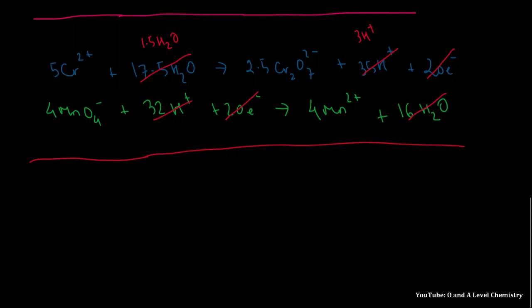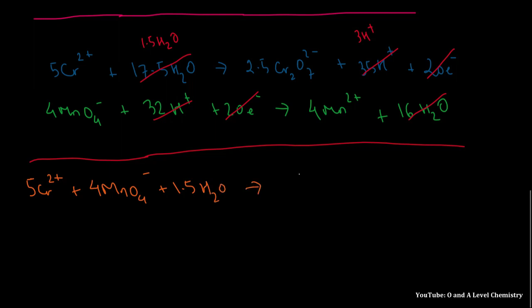So now I will write the overall equation. The overall equation is basically all the left-hand sides, arrow, all the right-hand sides. So I have 5 Cr2+, 4 MnO4-, and then I have this water on the left-hand side, that is 1.5 water.